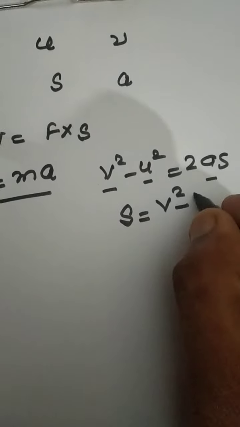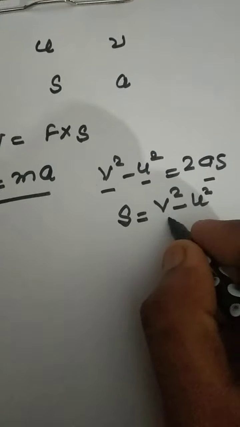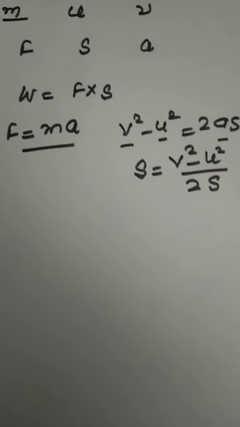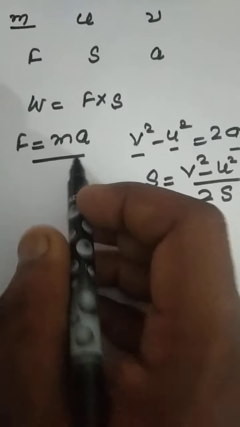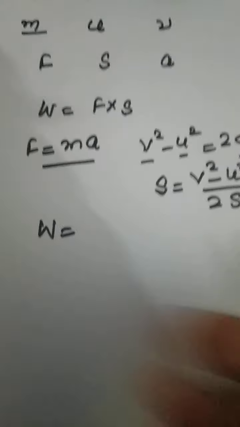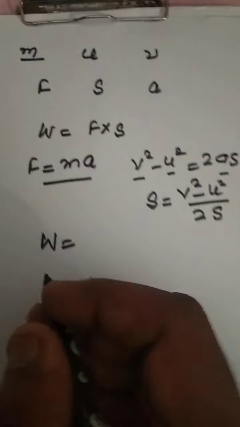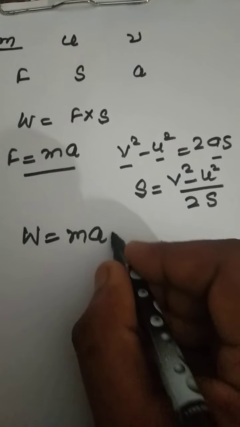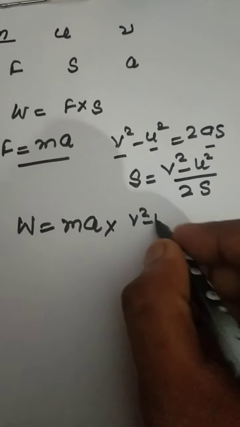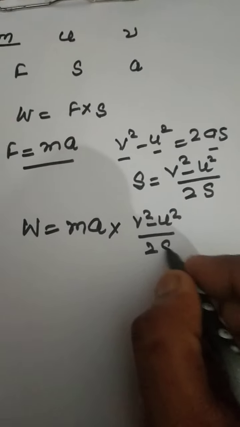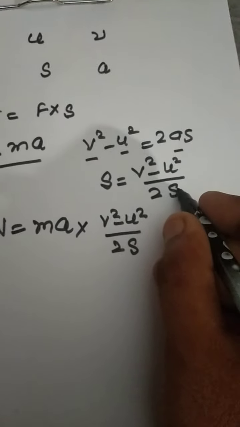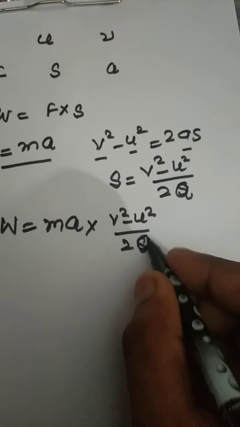So the value of s is v square minus u square upon 2a. Sorry, 2a, not s. The value of F is ma. So we fill it in: F is ma and s is (v square minus u square) upon 2a.